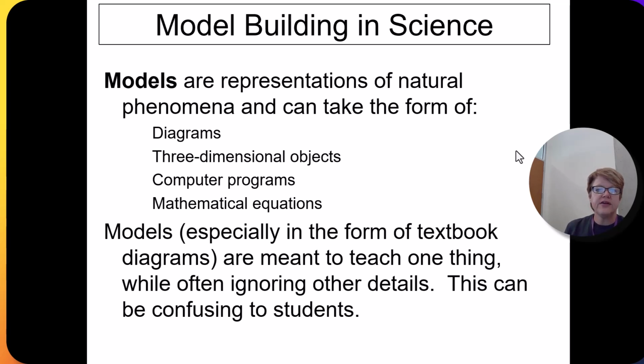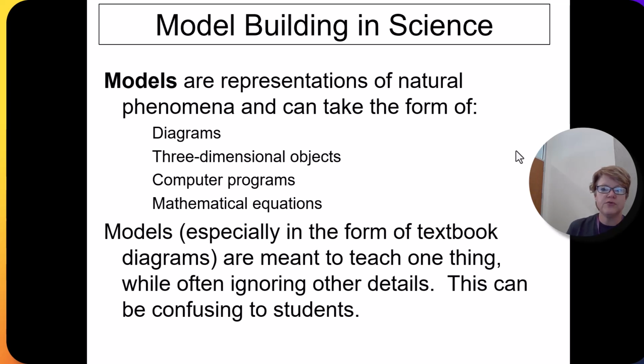They can also be three-dimensional objects if we were going to be live together in lab. Models can also be computer simulations, math equations, and those kinds of things. Mostly what you will be looking at are diagrams as models.